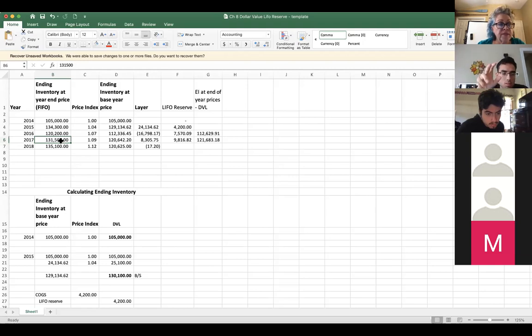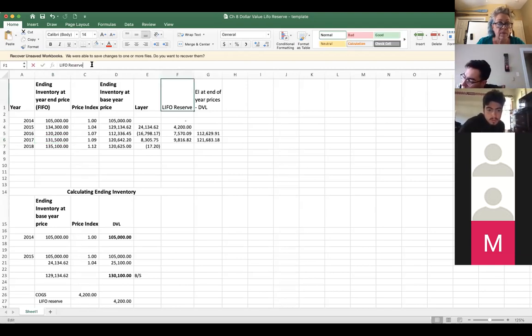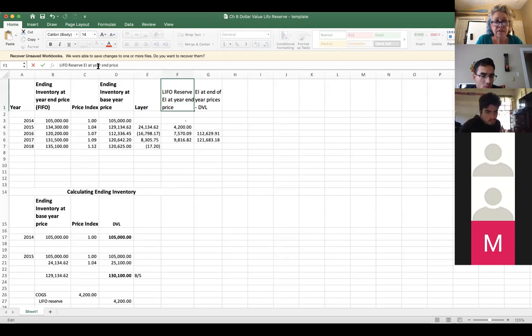No, it's the difference between, so your LIFO reserve is ending inventory at year-end price minus base year, minus DVL.